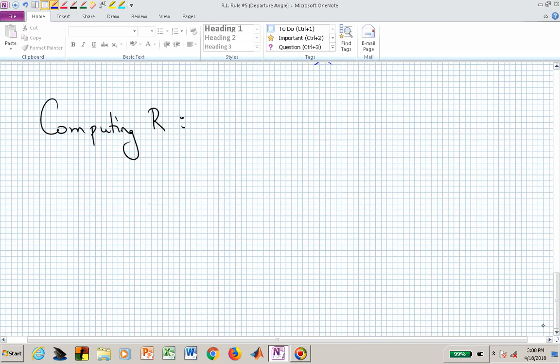So, using some vector addition, we can say that z plus r e to the j theta sub z should equal p sub 1.